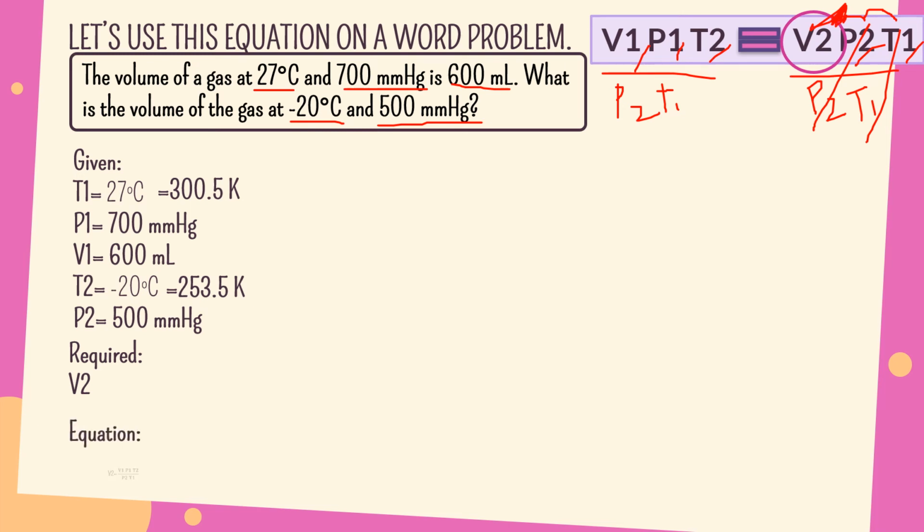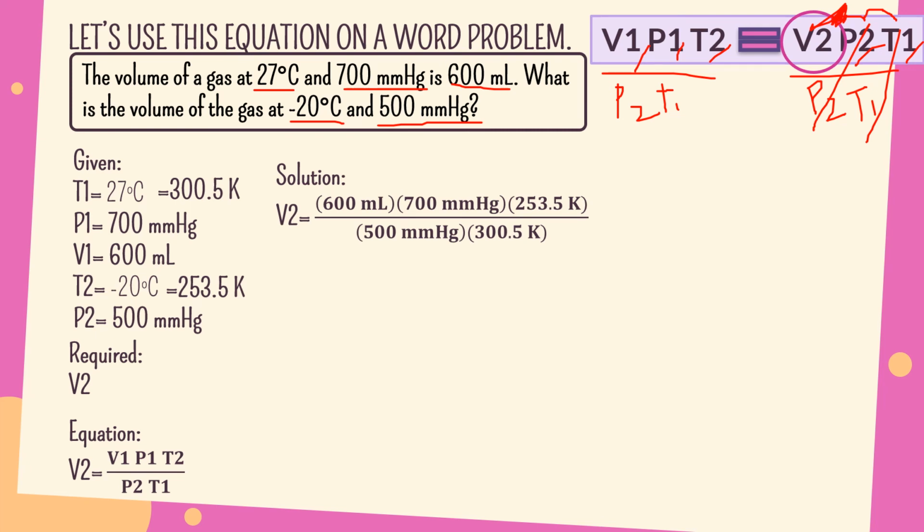So we will have this equation. Final volume is equal to the product of initial volume, initial pressure, and final temperature over the product of final pressure and initial temperature.